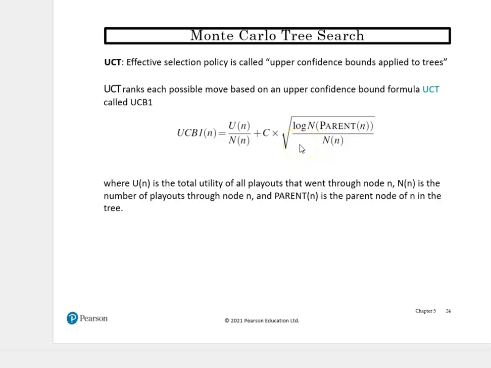For node n, we say U of n, which is the total utility of all payouts that went through node n, divided by N of n, which is the number of simulations that passed by node n, plus the square root of log N of parent of n, which is the parent of n in the tree, divided by N of n, which is again the number of simulations that passed by node n.